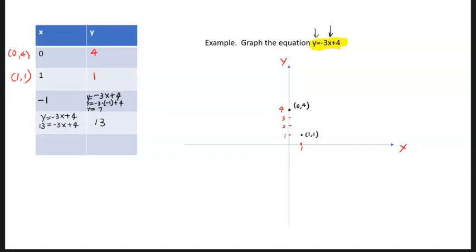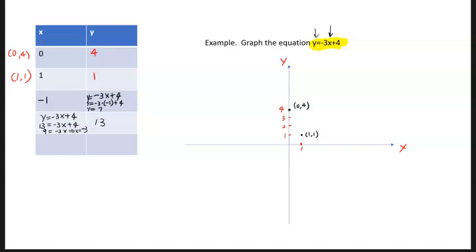I subtract 4 from both sides, and 9 equals -3x, and I divide both sides by -3, so I get x equals -3. As you can see, if you pick a number for one of the variables, you're going to be able to solve this equation and get the number for the other variable.